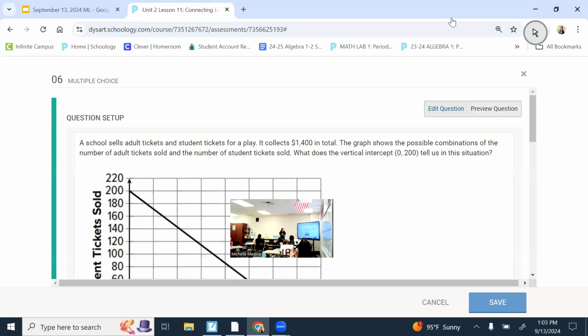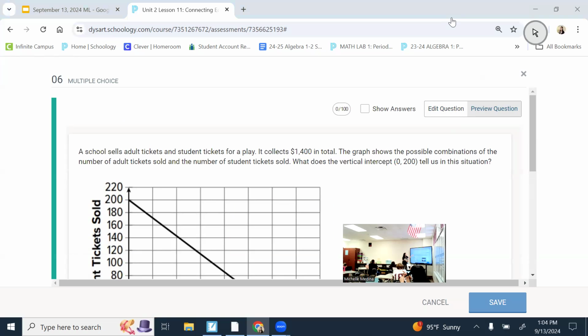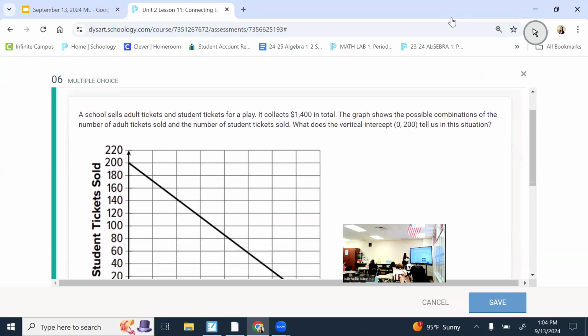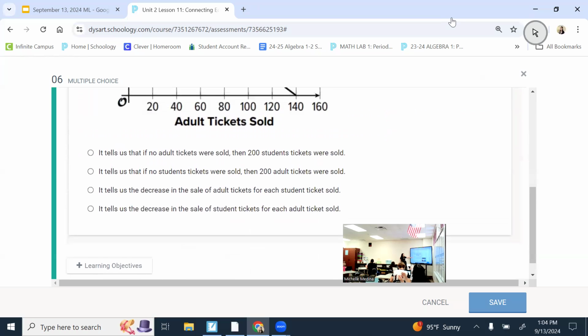So the school sells adult tickets and student tickets for a play. It collects 1,400 in total. The graph shows the possible combinations of the number of adult tickets sold and the number of student tickets sold. What does the vertical intercept (0, 200) tell us? What do our y-intercepts tell us almost all the time?